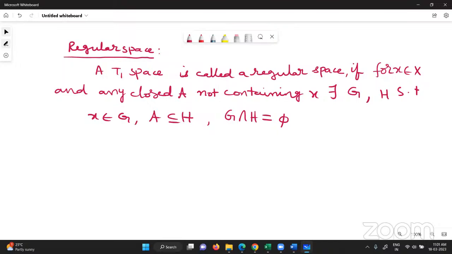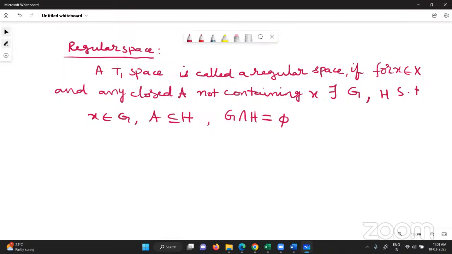Two points are separated by two open sets. There G and H can have common points also. But for Hausdorff space, the two sets cannot have common points. Two points are separated by two disjoint sets.